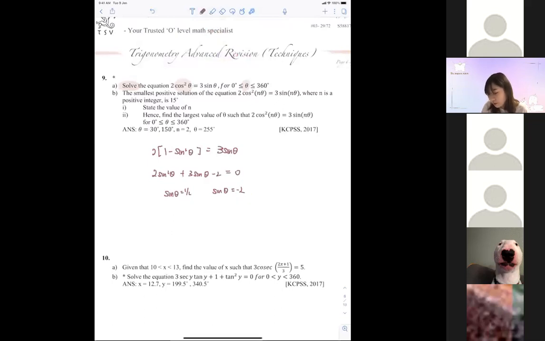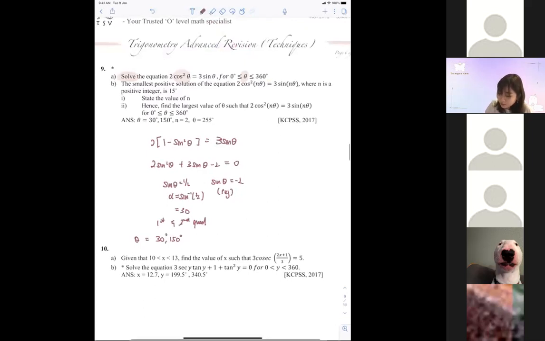If you put sine inverse 2, you will get error in your calculator. So we reject. Next one. This is in degree mode. So now since we make sine the subject, we can go ahead, find basic angle, find quadrant. Sine is positive, first and second quadrant. So you can find theta, 30, 150.